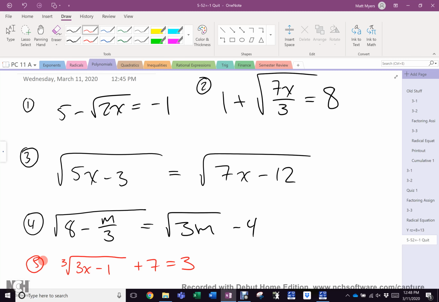So what made it impossible? Can I have a square that equals a negative? So if you look at that, you should be able to tell by looking if you ever have a radical that equals a negative. Just by looking. When you move this over, that's going to be negative. So when you move that over, you're going to get negative 7. Is that okay? No. So you know that one's dead.